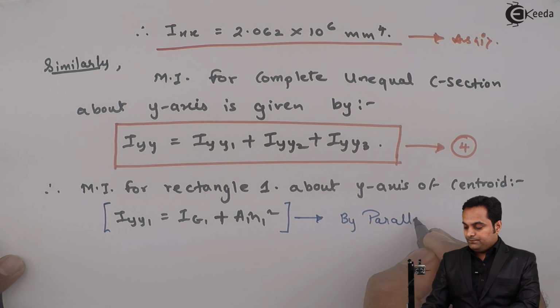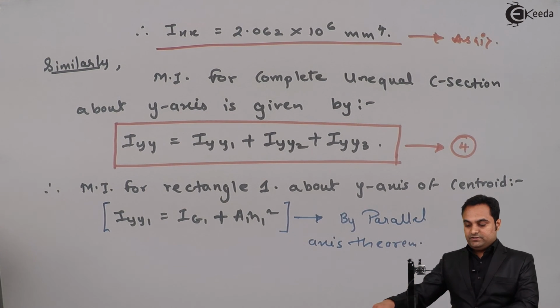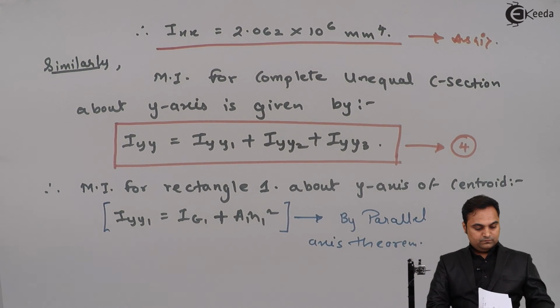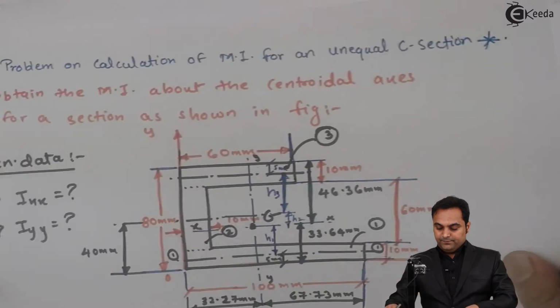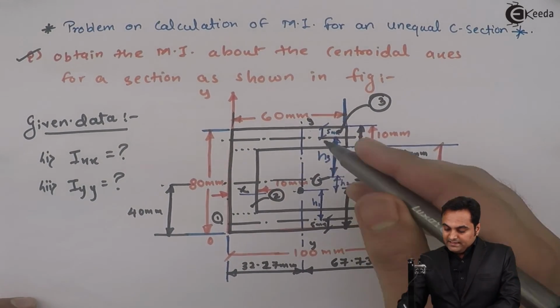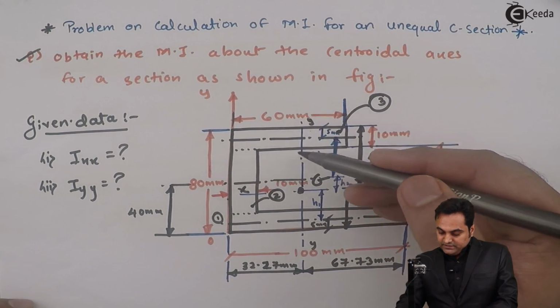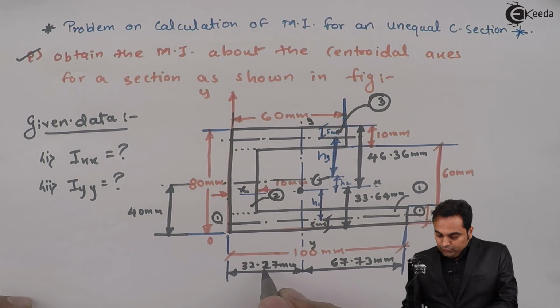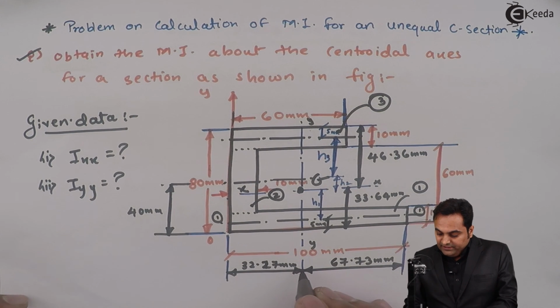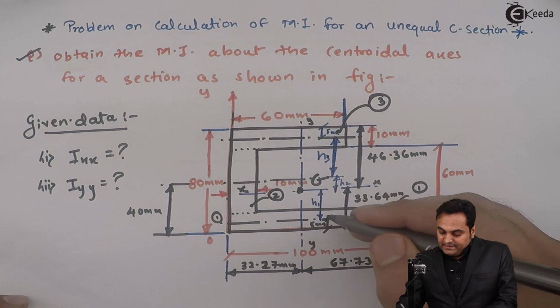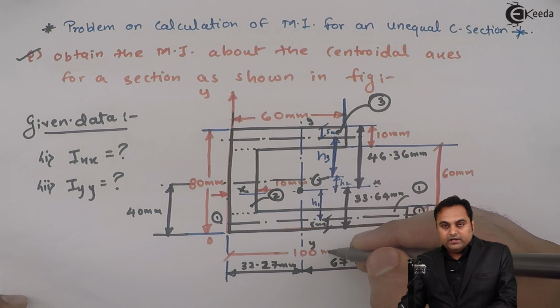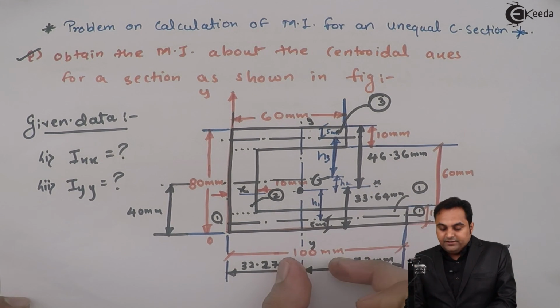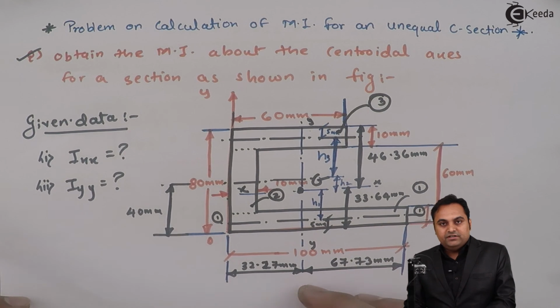by parallel axis theorem. Now in this, if we look into the diagram, then the y-axis for complete C section is at 32.27 mm from left hand side, whereas the y-axis for rectangle number 1 will be at half of 100, that is 50 mm. So there is a difference.